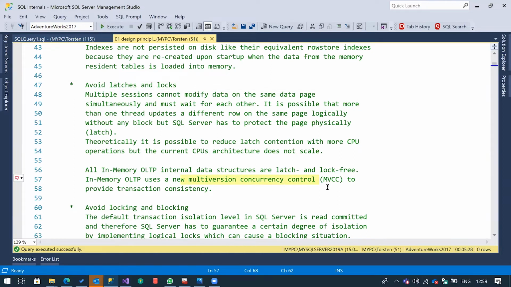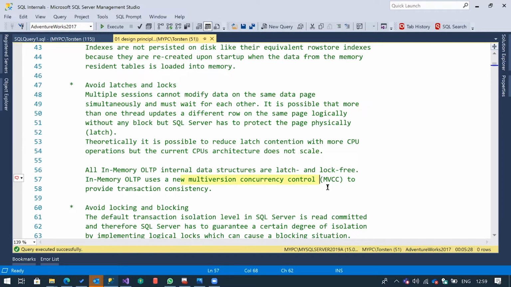There is no need for a lock. And because you do not even have a page, you cannot end up with page latch contention. There is no page, there's just a record, which will never ever be modified twice.